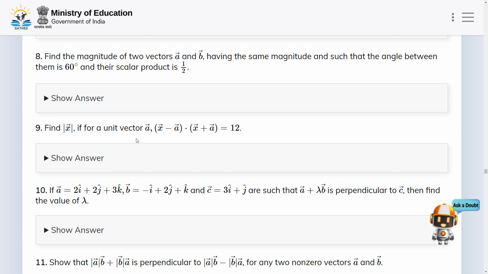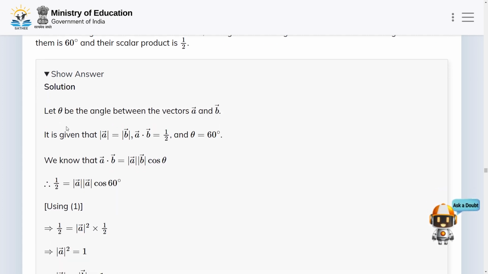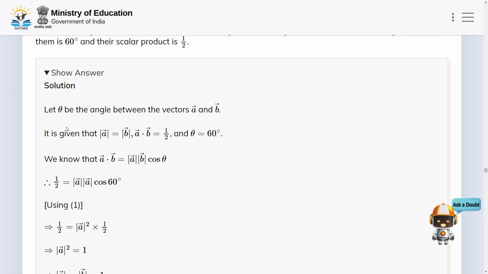How? You have the formula. What formula am I talking about? A dot B is equal to the product of the magnitudes of the two vectors times cos theta. As you can see, the dot product is half. The magnitude of A and the magnitude of B are the same.